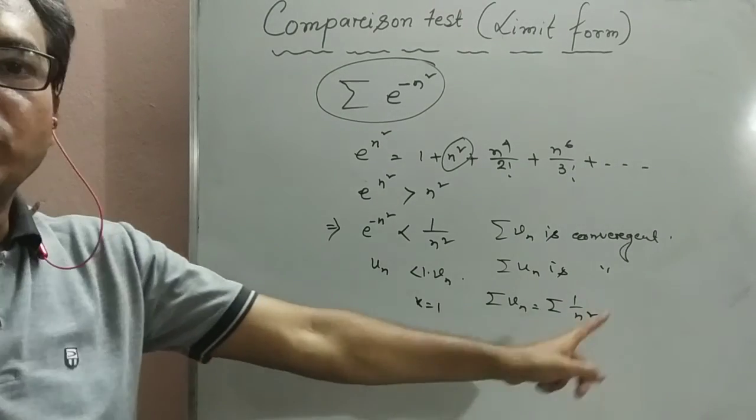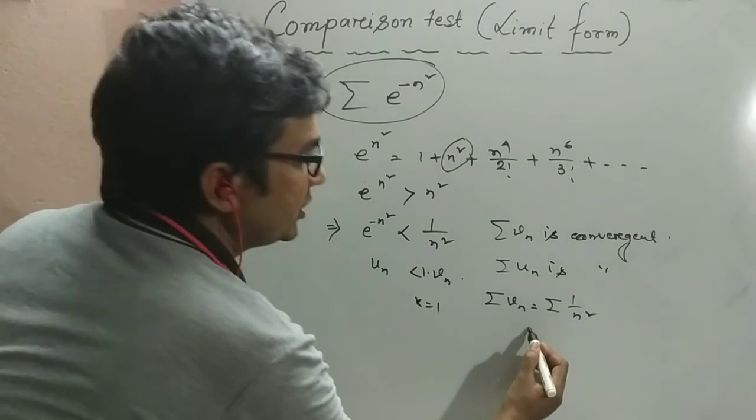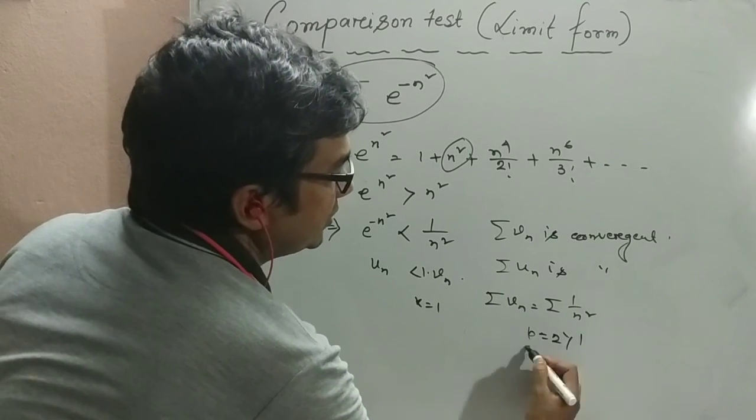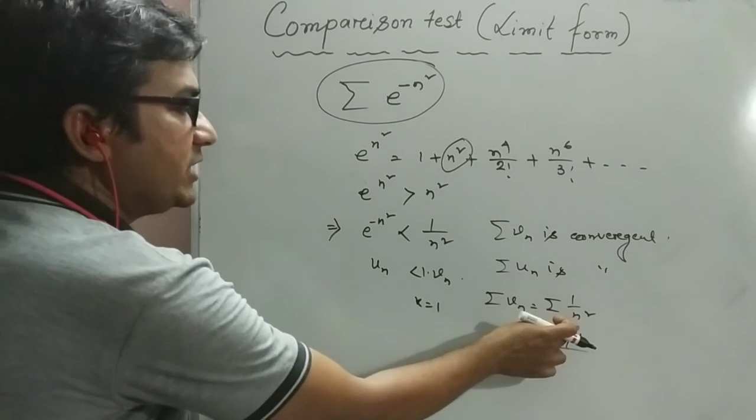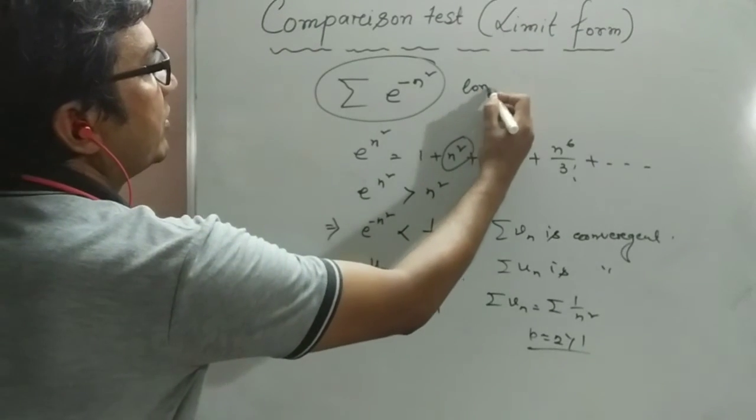This is a P series with P equal to 2, that is greater than 1. So this is convergent, and obviously the given series is convergent.